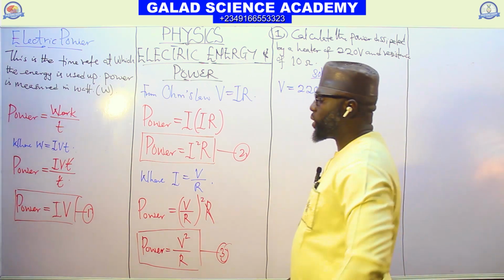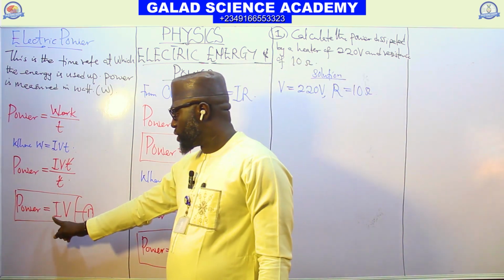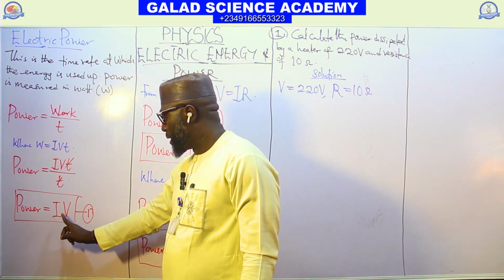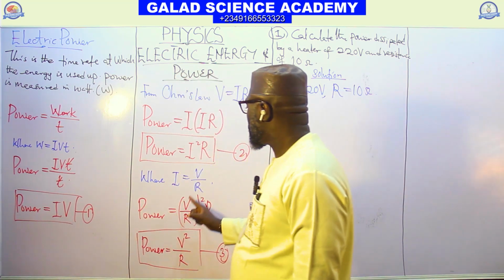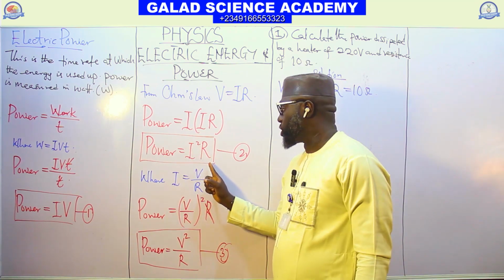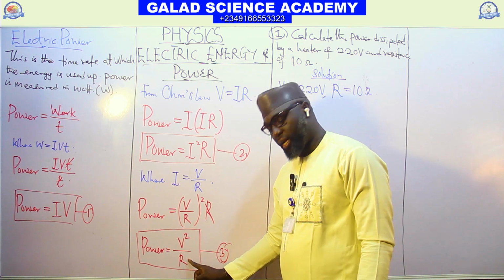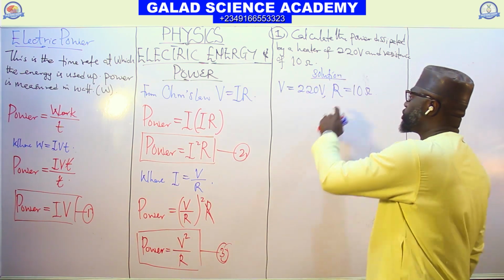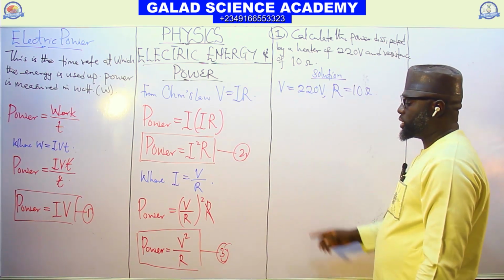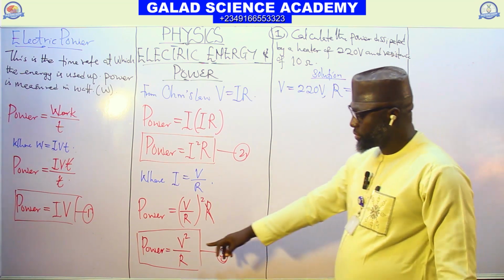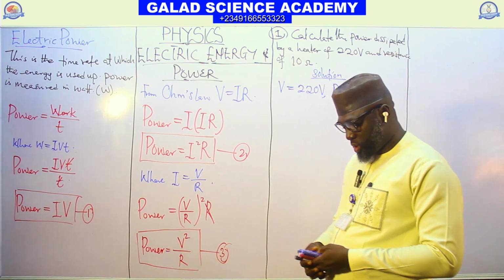Look at the equations. Equation one comprises current I and potential difference. Equation two, I and resistor. Equation three, potential difference and resistor. Automatically, we are going to use equation three.